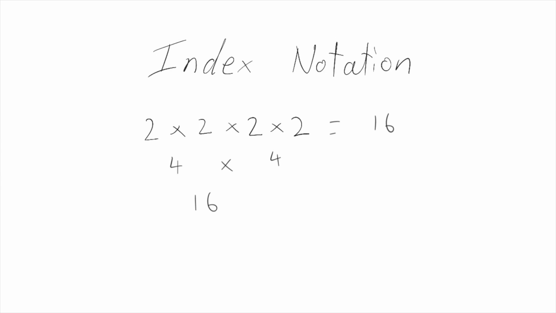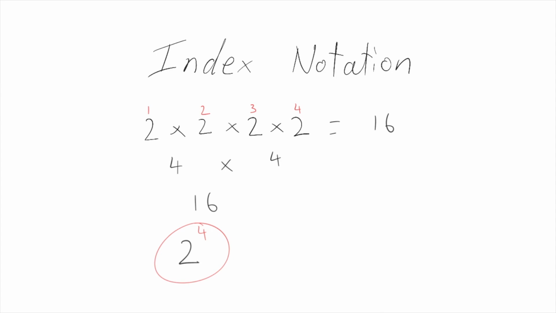So the other way we can shorten this is we can say we have 1, 2, 3, 4 of the same value there. So we can say 2 to the power of 4. And that right there is how we represent our repeated multiplication in index notation.